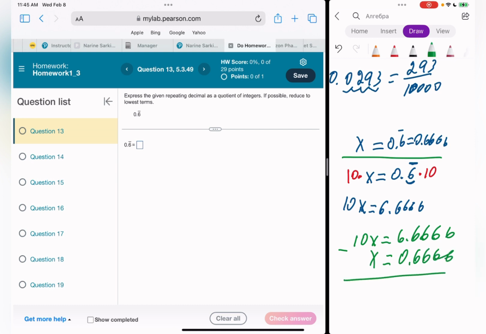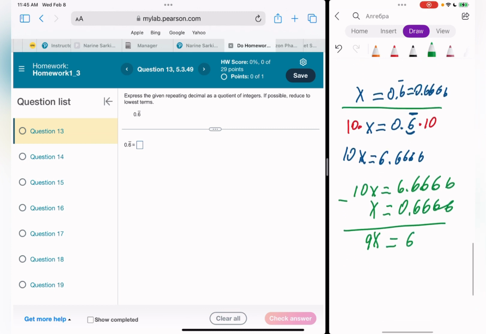I'm going to get 9x is equal to 6. To get x, I have to divide by 9. This 9 is gone with 9. 6 over 9 I can reduce by 3. It's going to be 2 over 3.